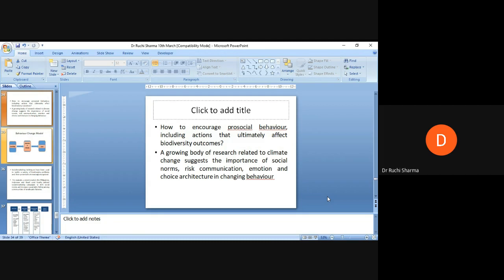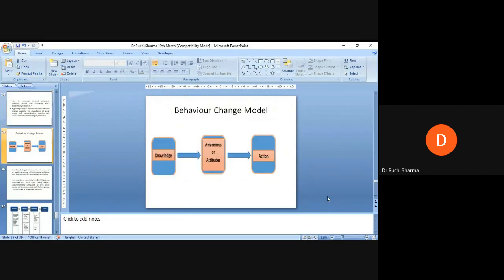So we can wonder how to encourage pro-social behavior, including actions that ultimately affect biodiversity outcomes. A growing body of research related to climate change suggests the importance of social norms, risk communication, emotion, and choice architecture in changing our behavior.